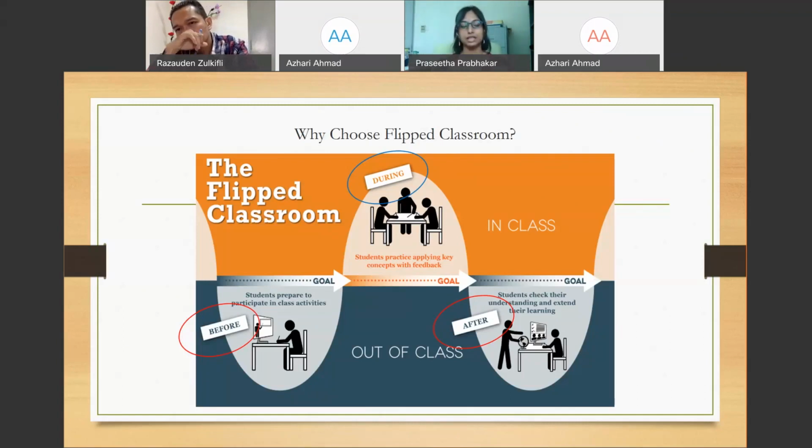Each group is assigned a title, and a few groups present for each lecture based on the topics.